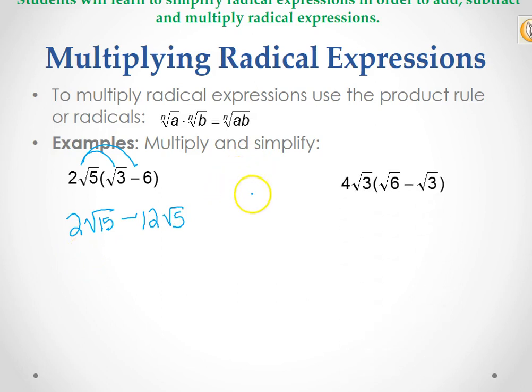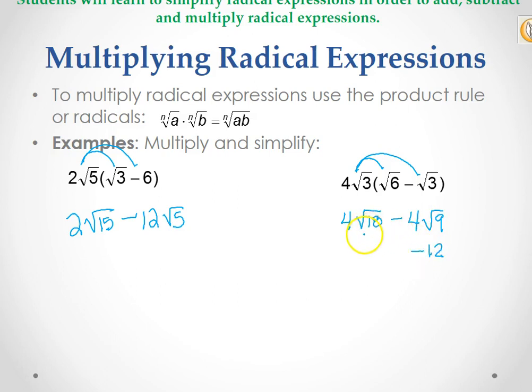Outside times outside, inside times inside. 4 square roots of 3 times the square root of 6 gives me 4 times the square root of 18. Minus 4 square roots of 3 times the square root of 3 gives me 4 square roots of 9. Well, the square root of 9 is 3. 3 times 4, this is going to be negative 12.